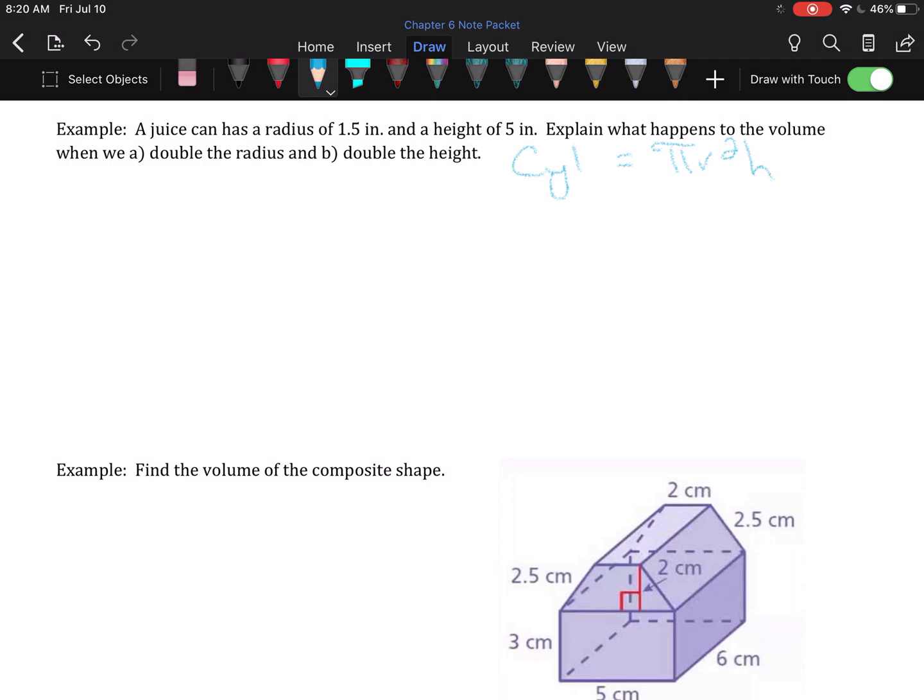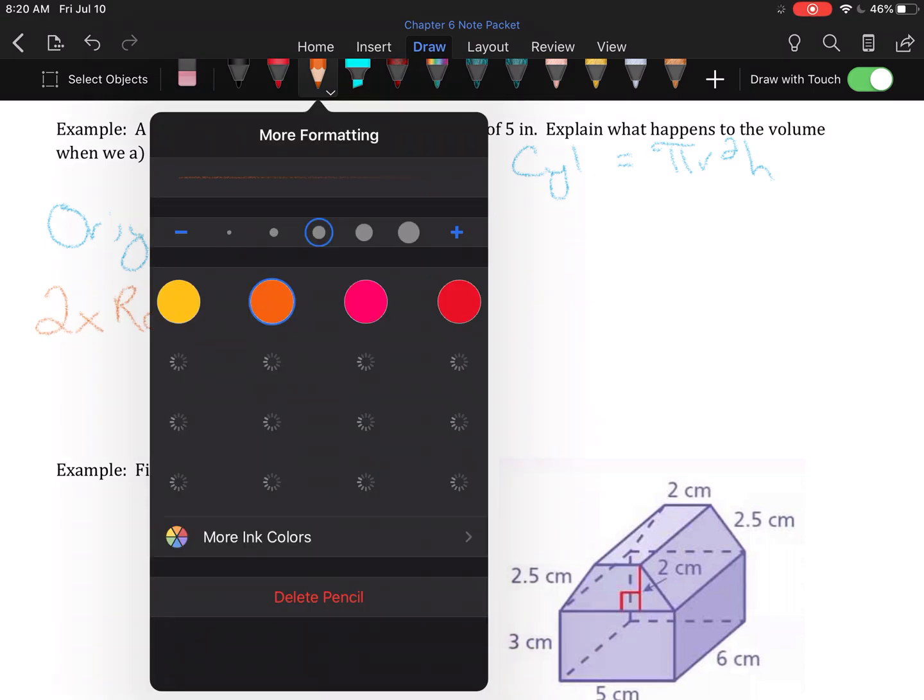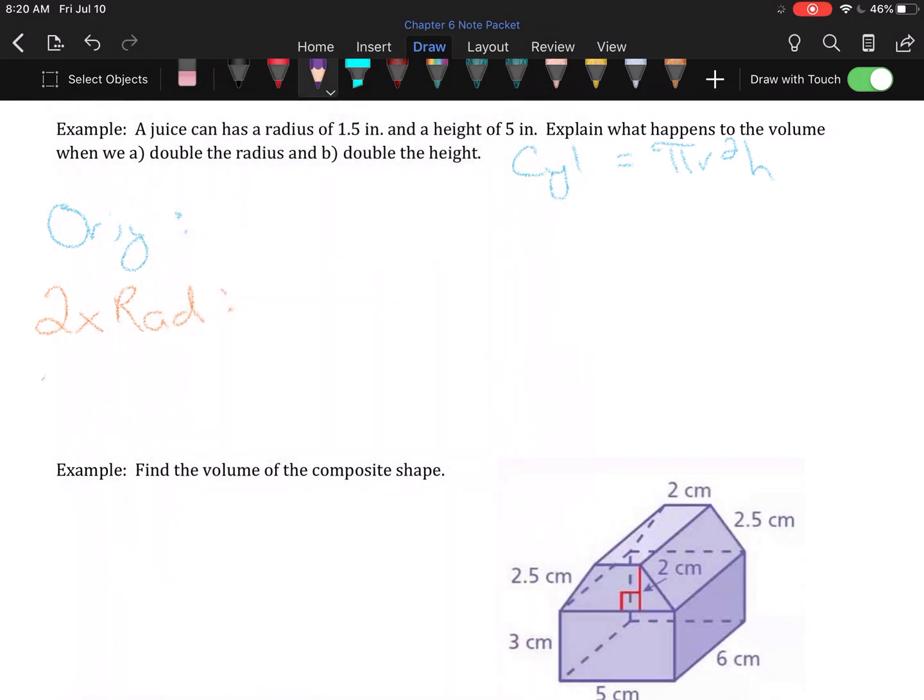It'll make it easier to compare. So we're going to have the original. We're going to have one where we do 2 times the radius. And we will have one where we leave the radius alone and do 2 times the height.